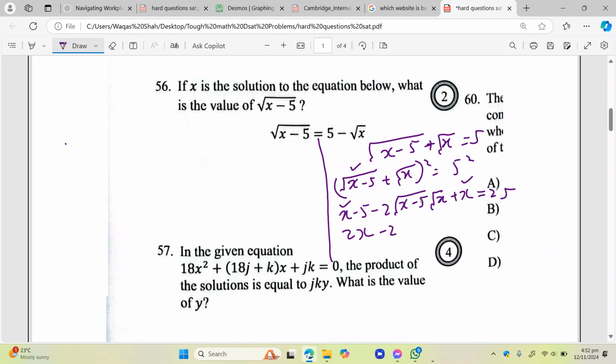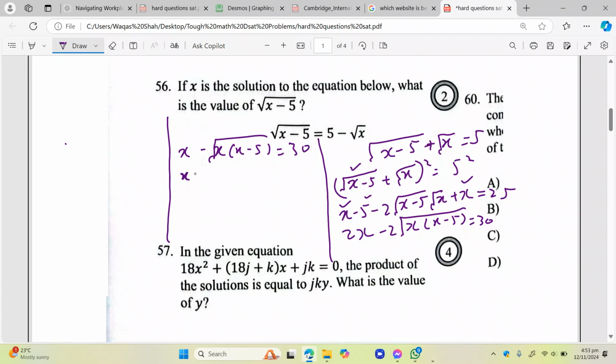Minus 5, and you can combine these two as well, so it will be x times x minus 5 under the root, and this minus 5 on the other side will be added with 25, so it will be 30. Okay, now if you take 2 common and divide with 30, so it will be square root of x times x minus 5 is equal to 30.